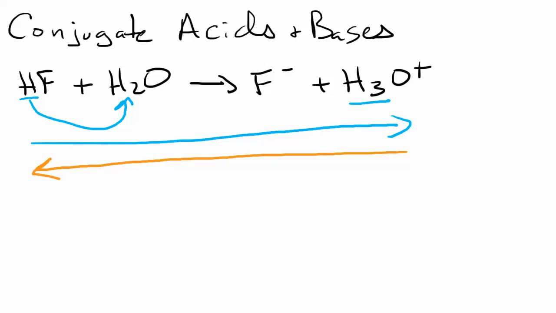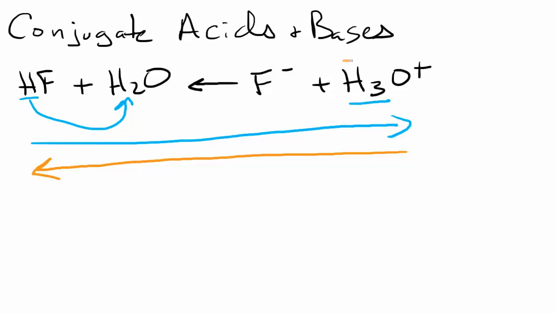Let me change this arrow right here, just so we don't get confused. So now we're going this way. For the reactants, we have the H3O+ and the fluoride ion. We have the hydronium and the fluoride, and they're going to react and make water and hydrogen fluoride. So let's think about what has to happen in order for that to occur.